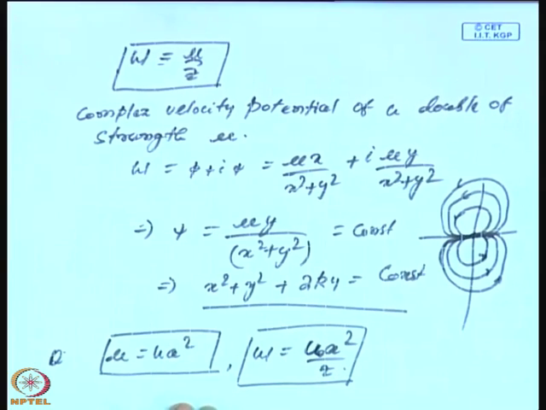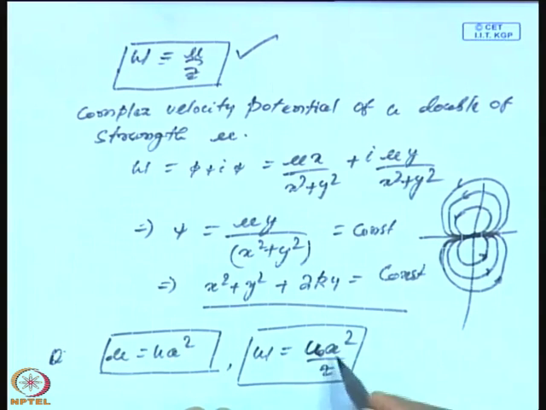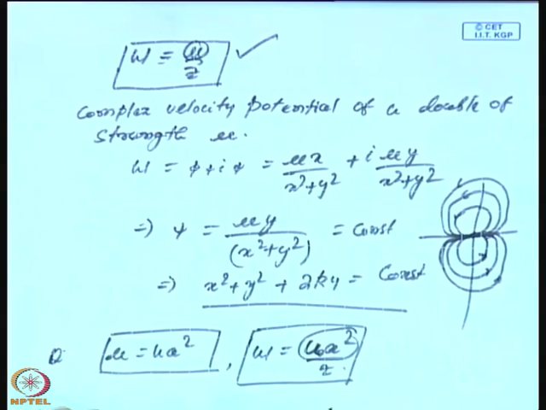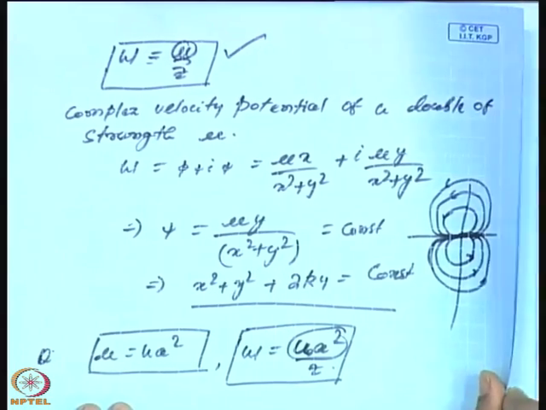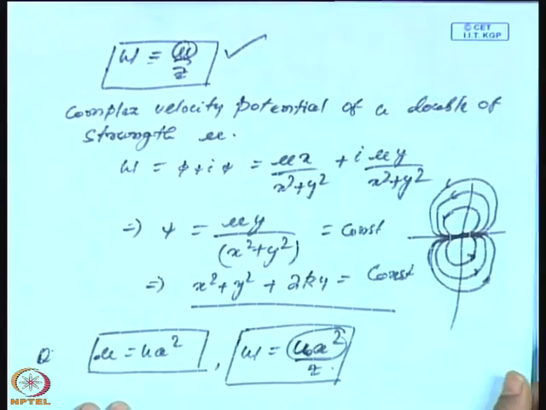At the same time, here we are seeing that the same similar function, complex velocity potential w, is representing a doublet. So this example suggests that this constant value changes the nature of the problem. There can be different problems, but the physical characteristics will depend on how we look at the problem and what are the constants associated with it.